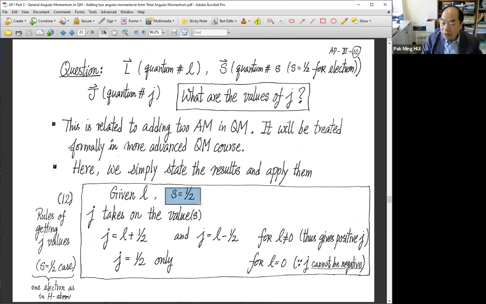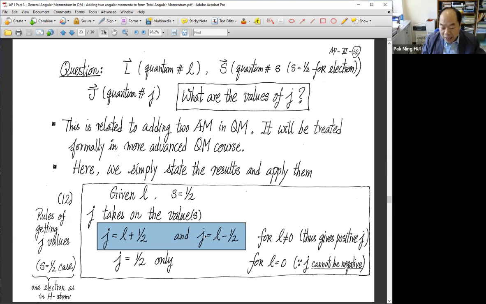For an electron, S is always half, and L could be 0, 1, 2, 3, representing S, P, D states, and so on, higher states. And the rule is that J can take on L plus half and L minus half, as long as this resultant J is positive. It cannot be negative by definition, I mean, from the commutation relations.